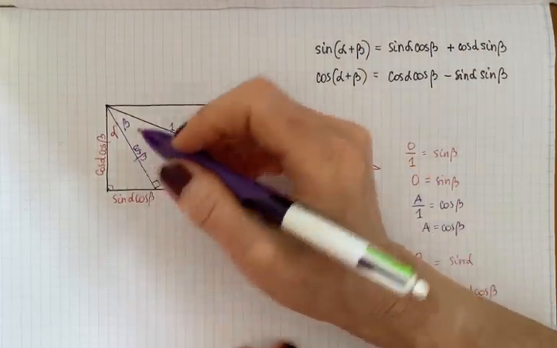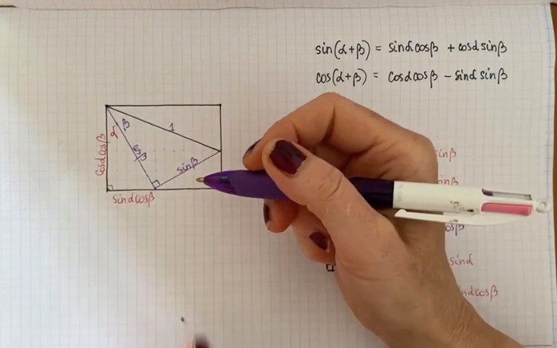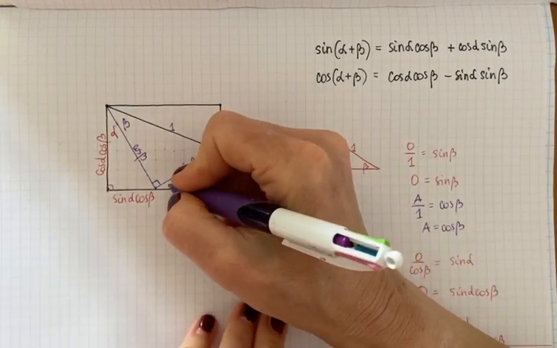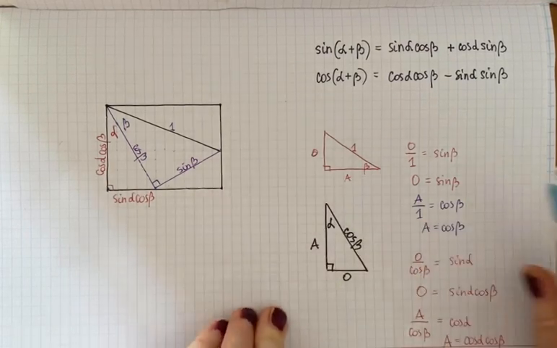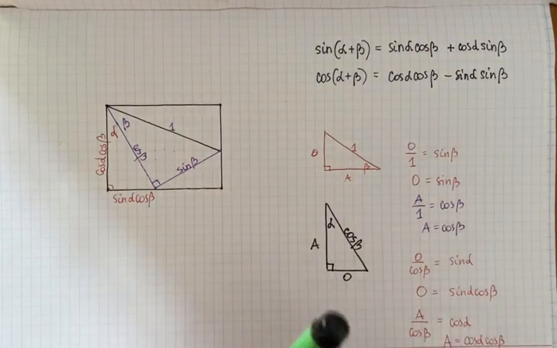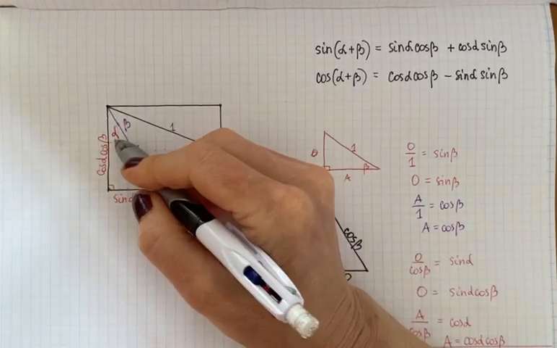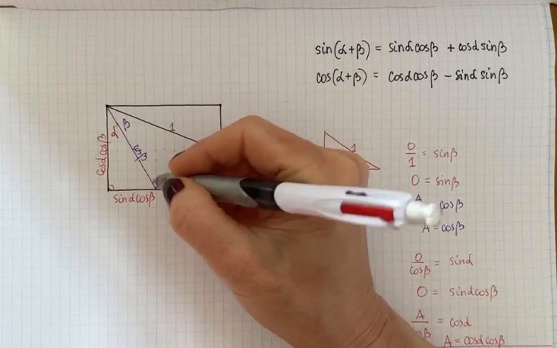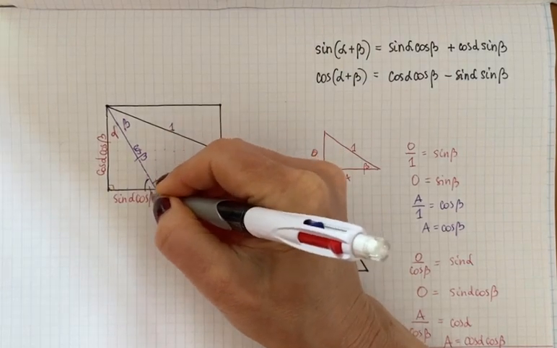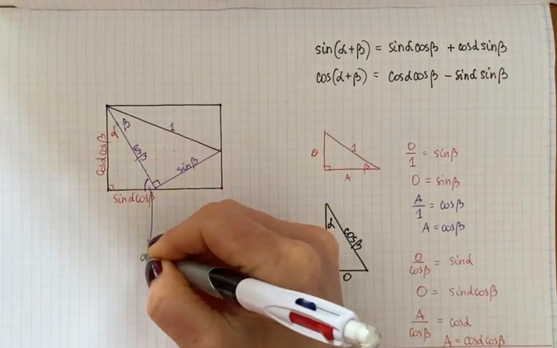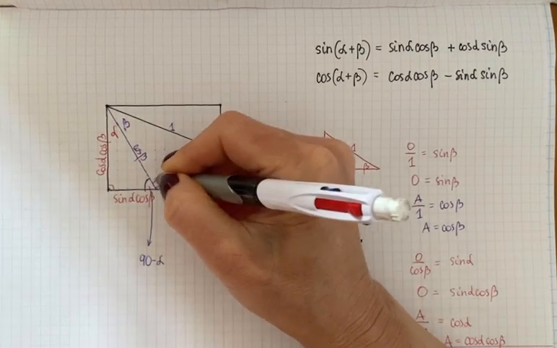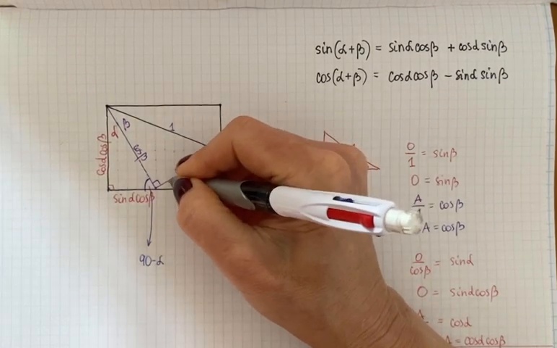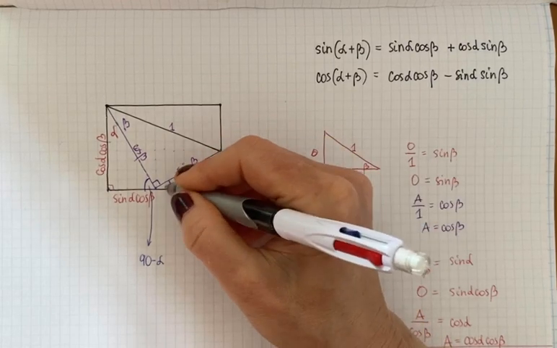Okay, what else do I know? Well, I can work out this angle here. So let's just take our time really carefully with this one. Let's do it in blue. If this angle is alpha and this one is 90, then this angle here is going to be 90 minus alpha. So you've got 90 minus alpha, then you've got 90. Then what would this angle here be?